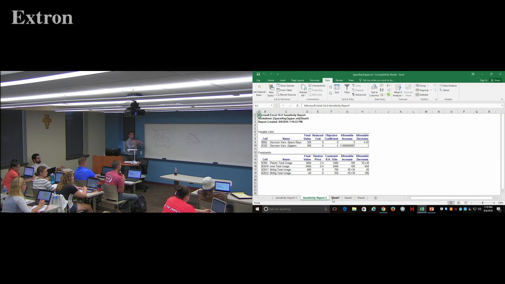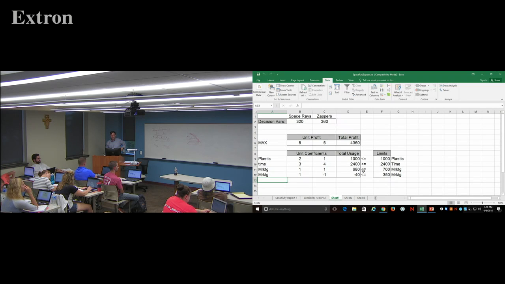Okay, so it captures the label to the left of the constraint. So on the right-hand side, we use all our plastic. The shadow price is $3.40. What that means is if we get an additional unit of plastic, our profit's going to go up by $3.40.